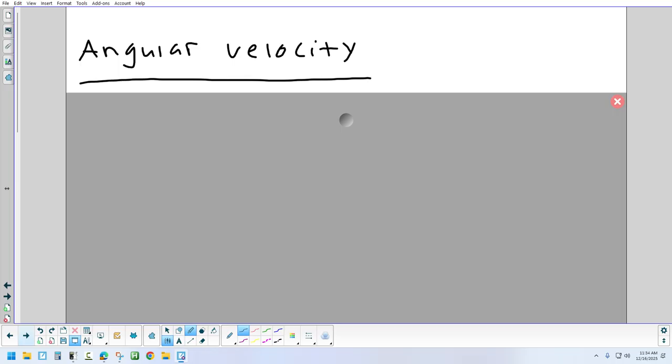Is it rotating? Yeah, rotating. So we're measuring the speed of something rotating. I think it's easier to understand that idea because we think of rotations per minute, like RPMs. That's an example of angular velocity, how fast something is rotating.